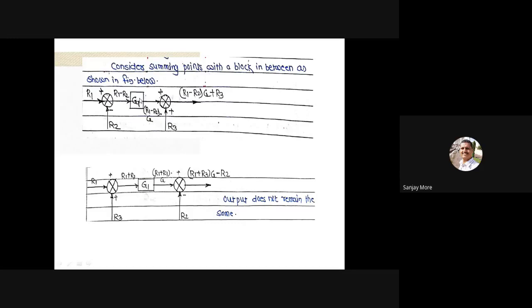Here G1 is block 1, so R1 minus R2 passes through G1. Then R3 is added, giving G1 times R1 minus R2 plus R3. Here the output does not remain the same, since R1 plus R3 gives a different result, R1 plus G1 R3 minus R2.